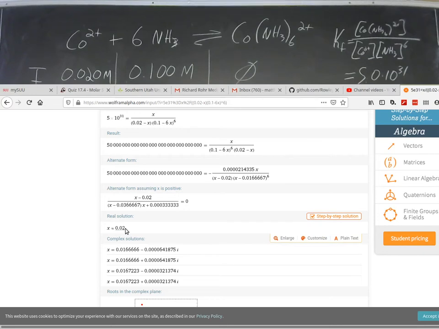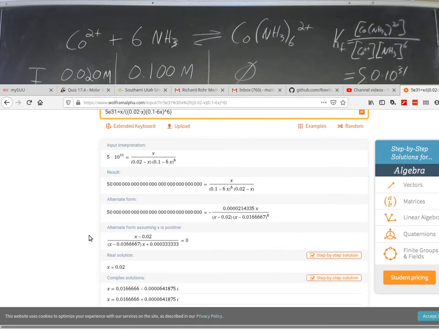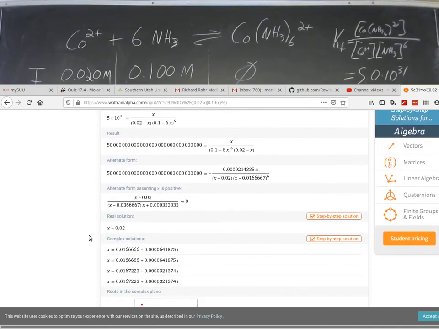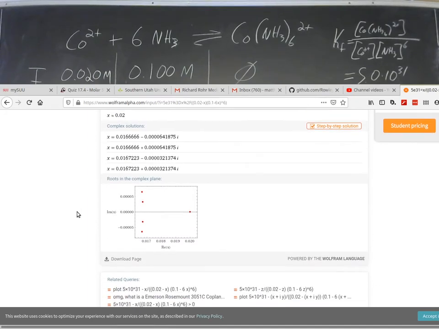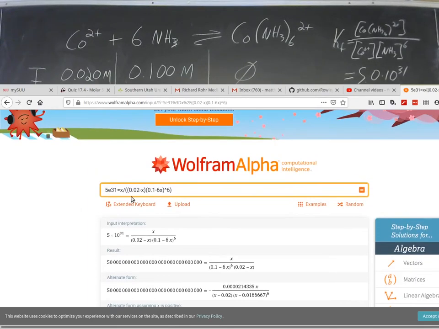0.02. Actually, that's not going to be a good solution for a couple of reasons. Let me make sure I put this in correctly. Oh, I didn't. No, yes I did. 0.1 minus 6x raised to the 6, 0.02 minus x.